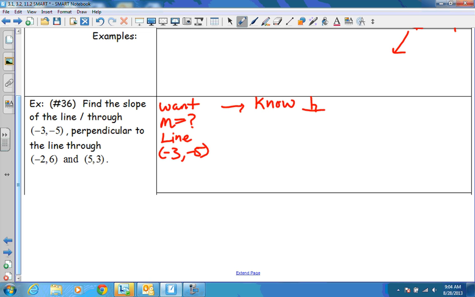Perpendicular to the line going through -2, 6, and 5, 3, right? So what should I do first? Find the slope of what? Yeah, go find this slope. Can you find that one? Let's find the perpendicular slope.